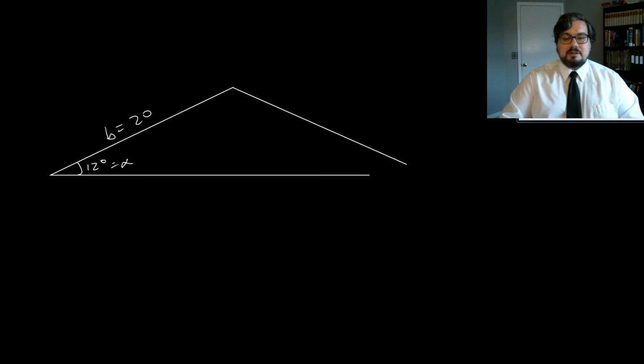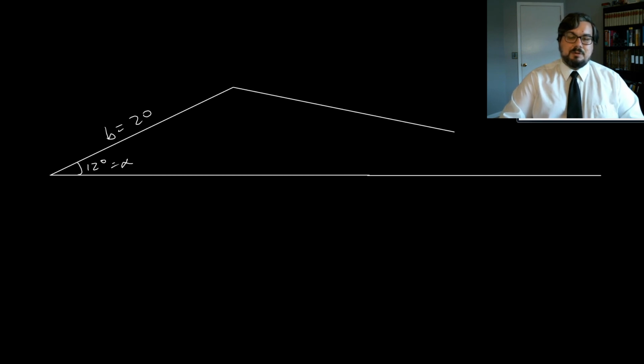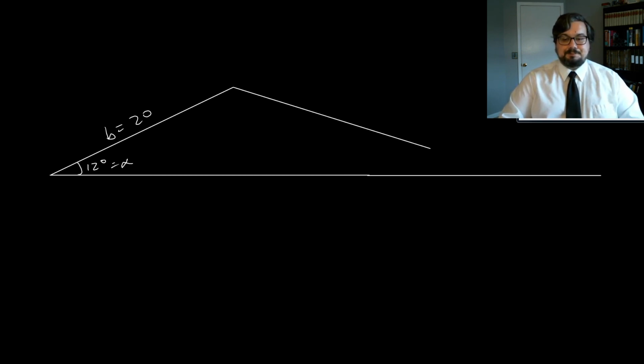So in particular, notice that, let me stretch this out a bit. In particular, notice that our A side over here, which I'm moving around, is actually larger than the B side. So that means that we can construct one triangle out here, which is what we did.